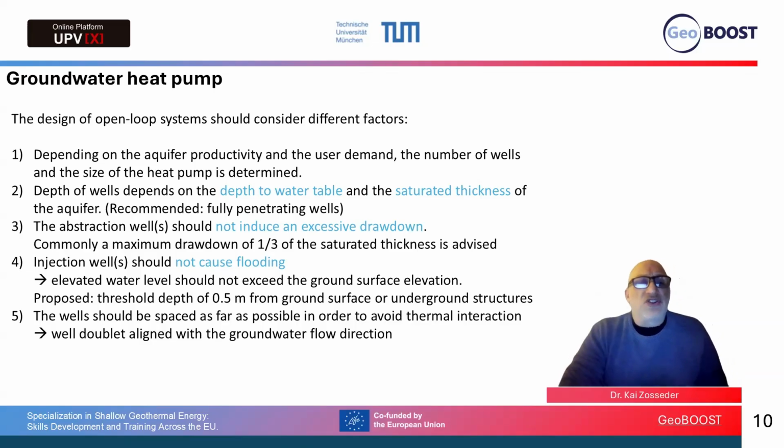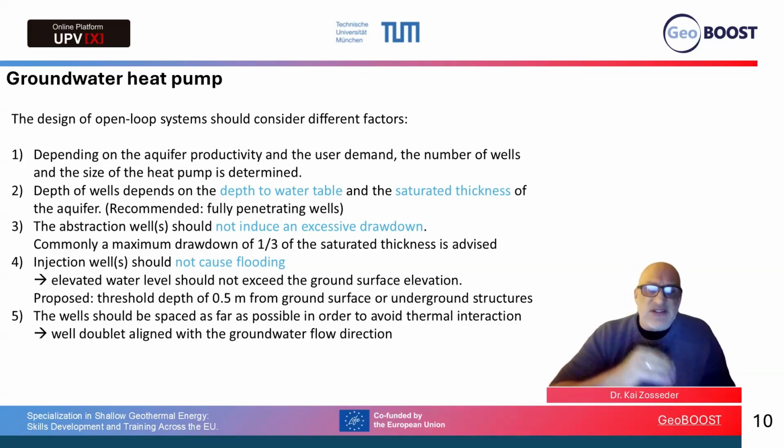And then, of course, you should also consider that the injection well does not cause flooding. If you inject the water back, you need a distance to the surface. One threshold which we know is 0.5 meter should be the distance to the ground surface or to underground structures, which should not be affected by groundwater flooding.